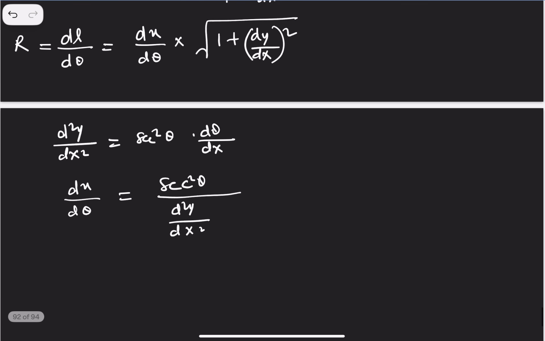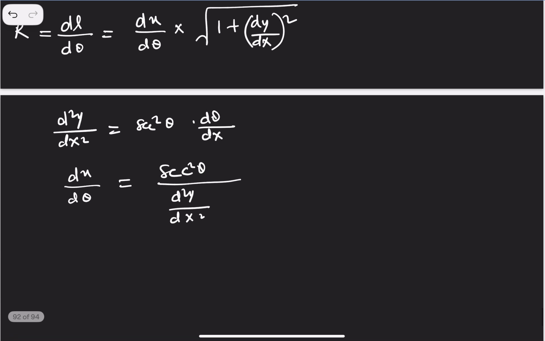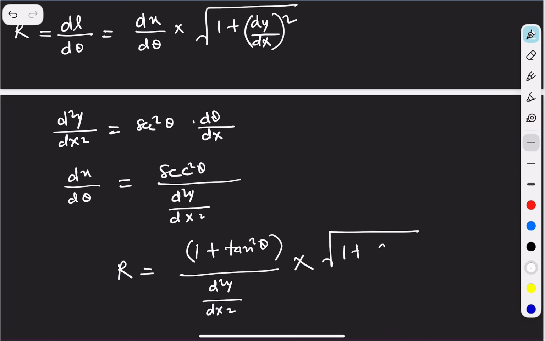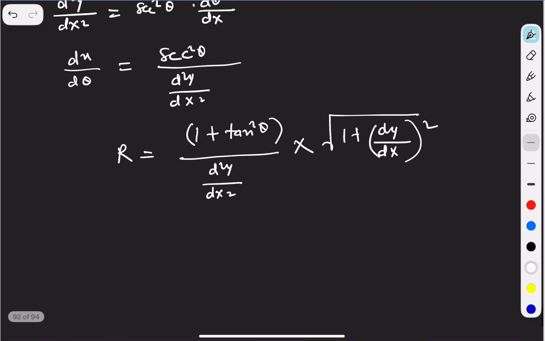so r will be equal to 1 plus tan square theta, sec square theta basically. I'm converting into 1 plus tan square theta divided by d square y by dx square into 1 plus dy by dx whole square. Now if you see, tan theta can be written as dy by dx.